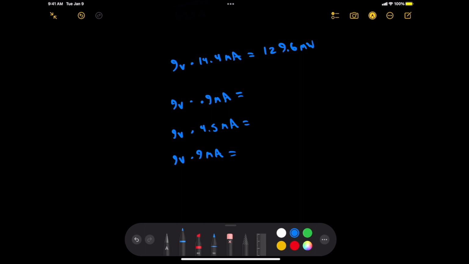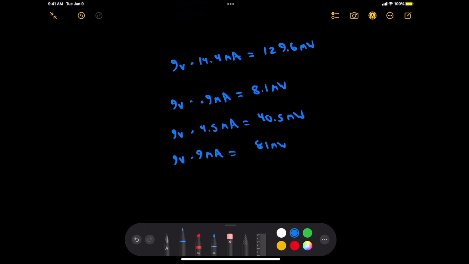We're going to multiply 9 by 0.9 milliamps, and that's going to be 8.1 milliwatts. 9 times 4.5 milliamps equals 40.5 milliwatts, and 9 times 9 milliamps is equal to 81 milliwatts.